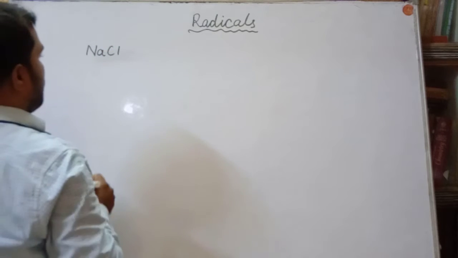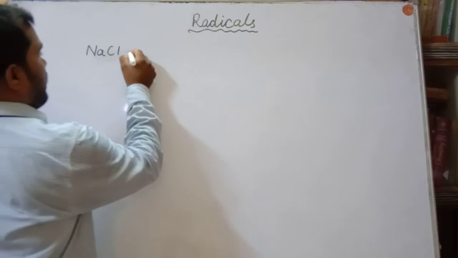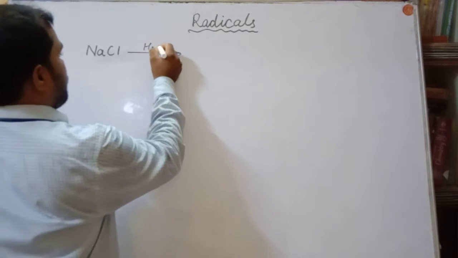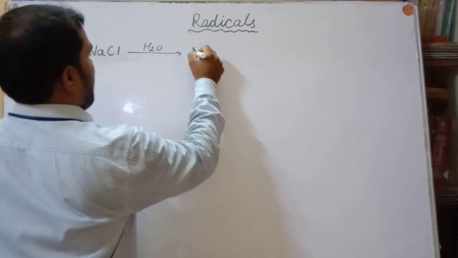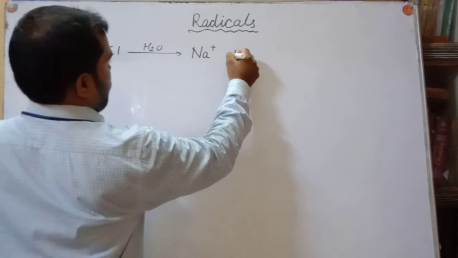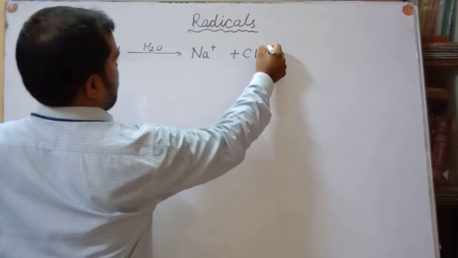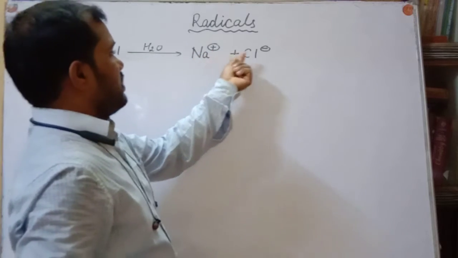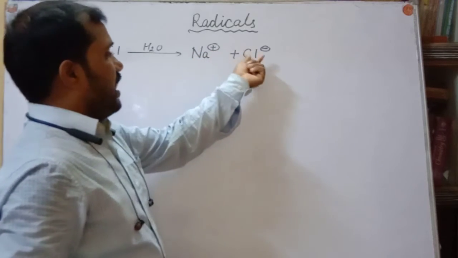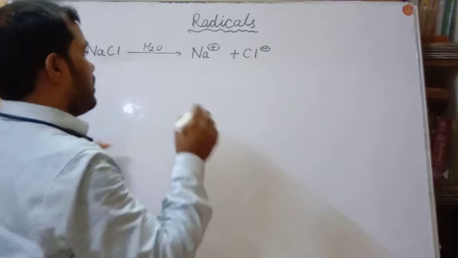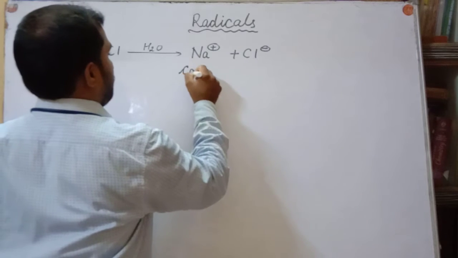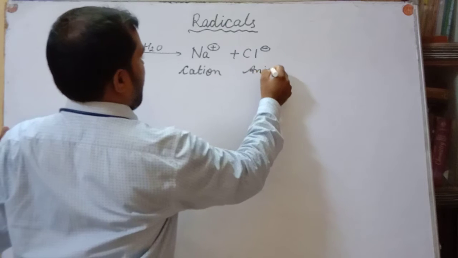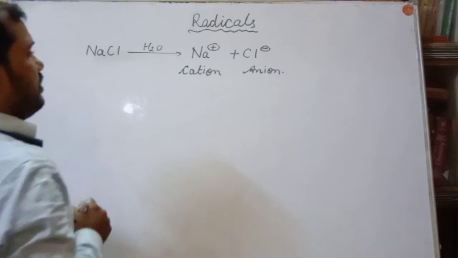Suppose one example: NaCl. Dear students, this is sodium chloride. When you dissolve it in water, it will convert into Na+ and Cl-. One is the positive charge species, that is the cation, and the other is the anion.